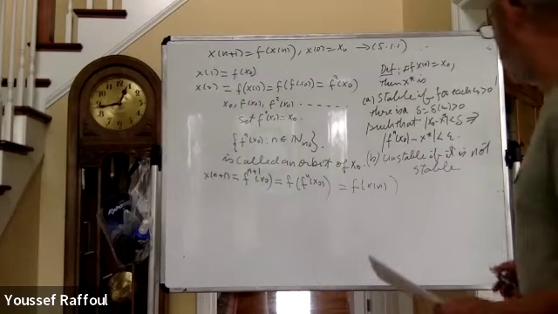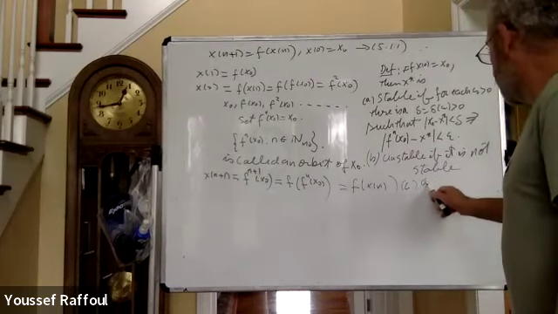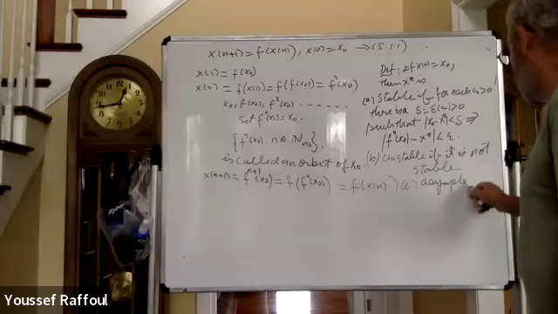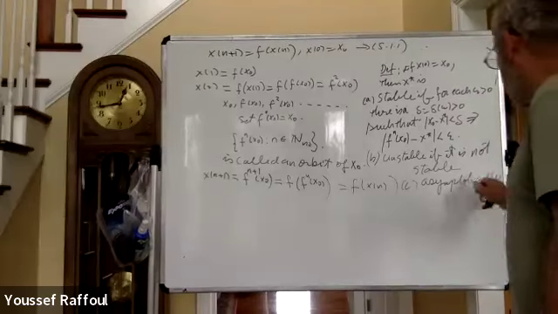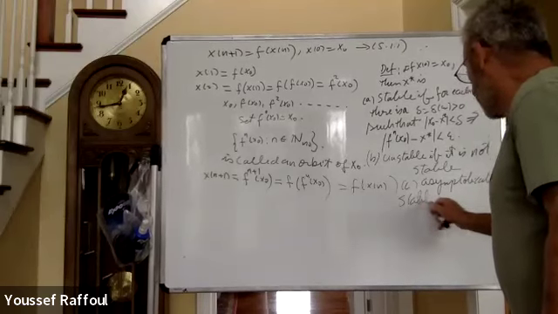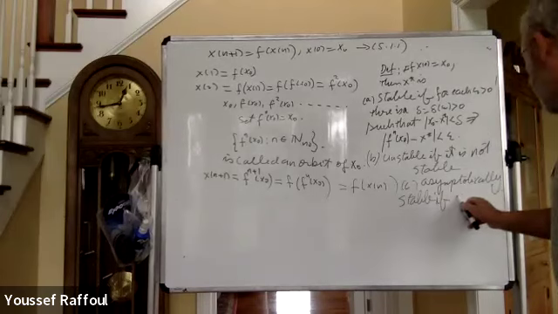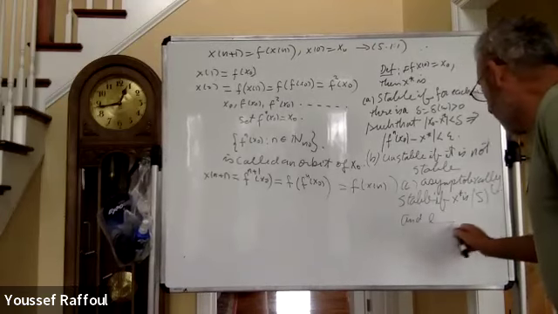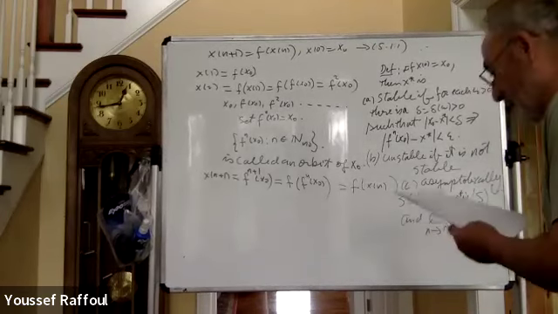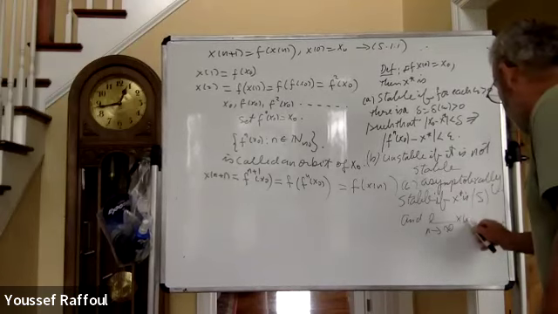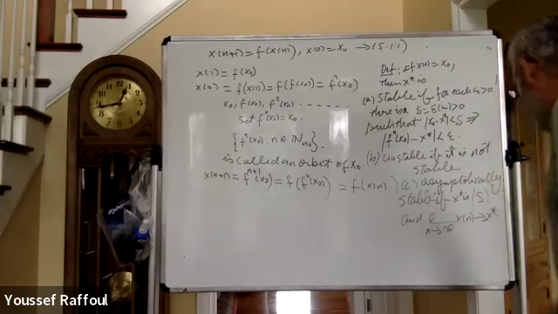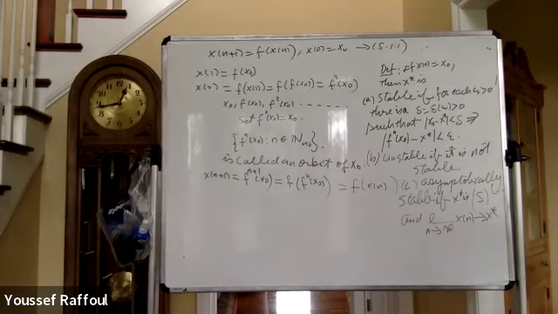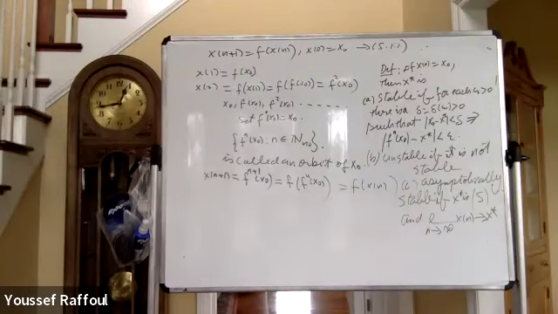And asymptotically stable if x* is stable and the limit as n goes to infinity of x_n goes to x*. Okay?